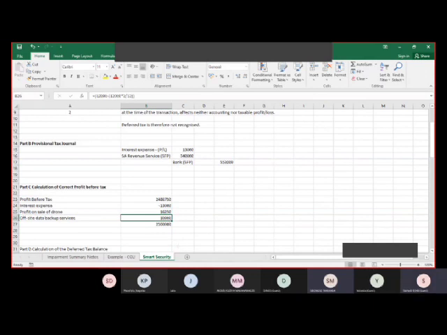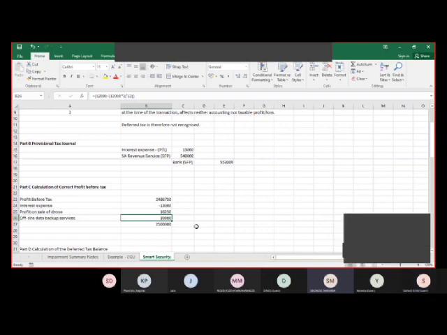Yes, can you please explain your point there again for the offsite backup services? Okay, let's go and read it so that you understand. They are saying, on the 30th of October 2020, Smart Security Limited entered into a 3-year contract with Big Data Limited to provide offsite data backup service.